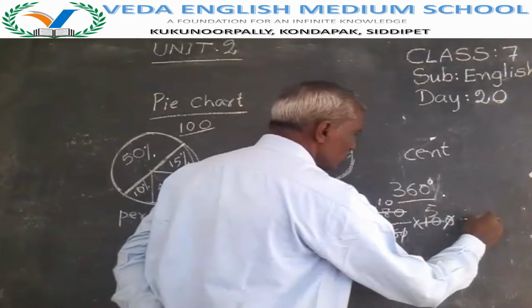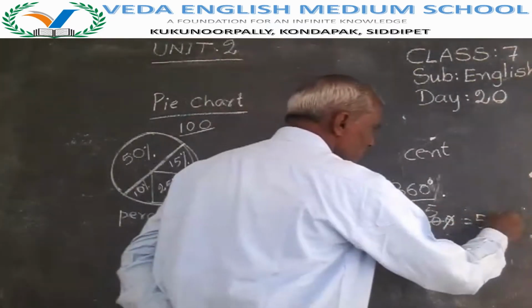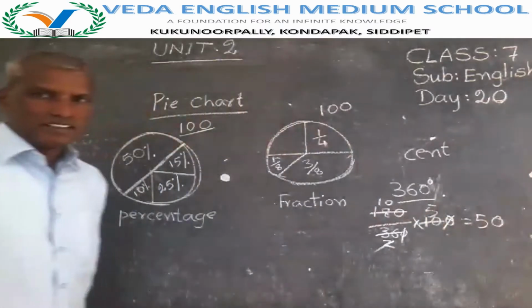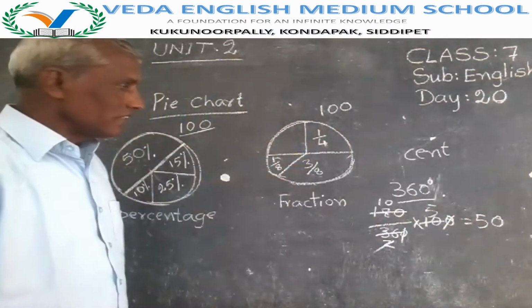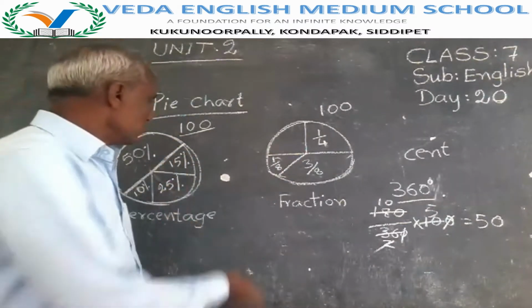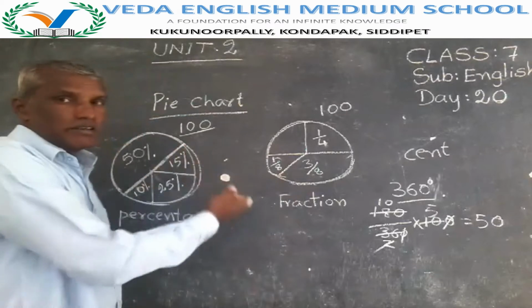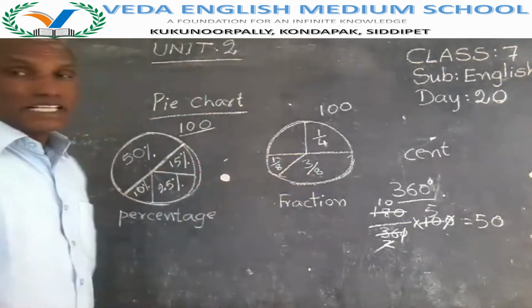So it is equal to 50. You understand now? It is 50%. So like that, when you draw the picture, if you measure it with degrees, then you can change it to percentages.